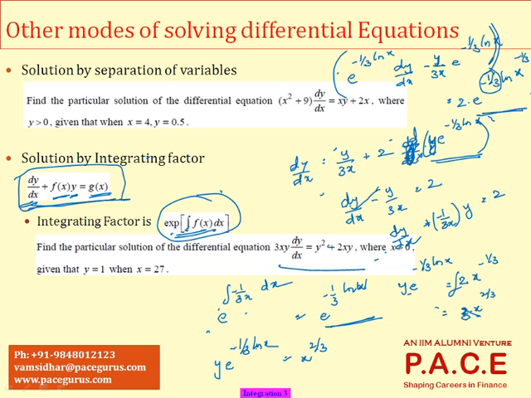And even this one I can simplify. e to the power of minus 1 by 3 log x I can make x to the power of minus 1 by 3. So y into x to the power of minus 1 by 3 is equal to 3 into x to the power of 2 by 3, and I can bring these things down and simplify.